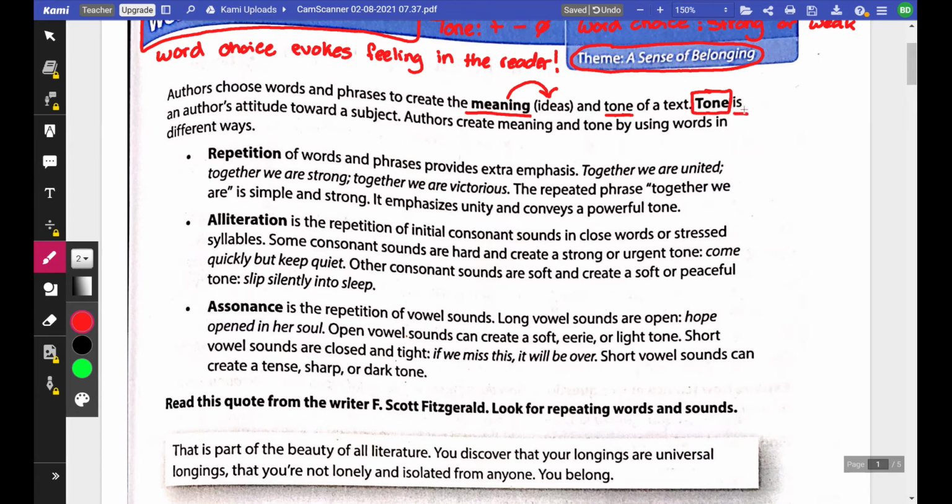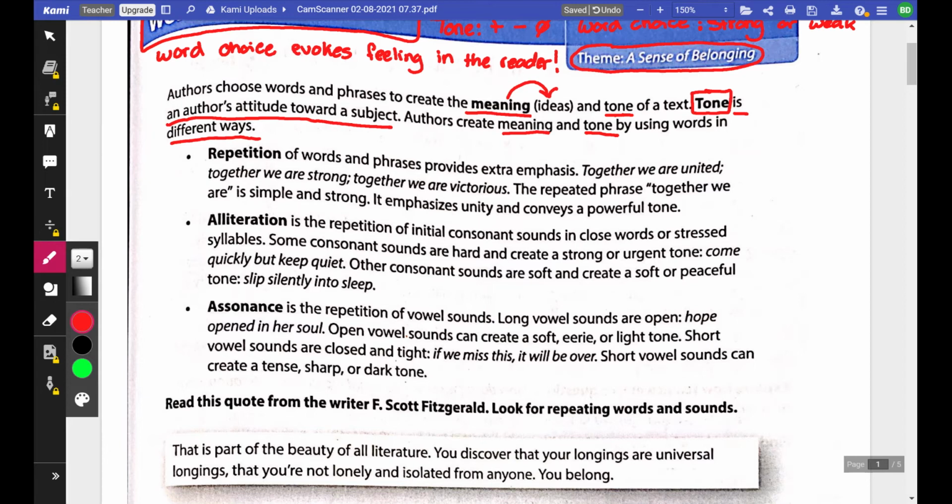So, tone is an author's attitude toward a subject. Authors create meaning and tone by using words in different ways. So, the author is going to create the meaning, so the idea they're trying to express, and tone, which is their attitude, how they feel about the subject, in a variety of ways.